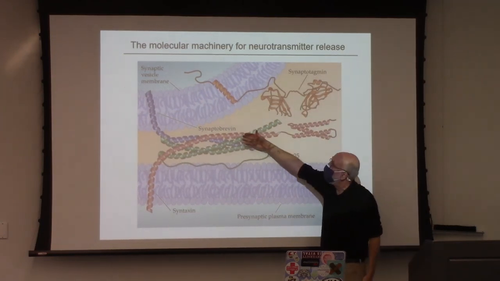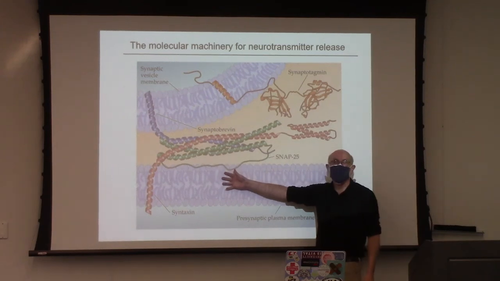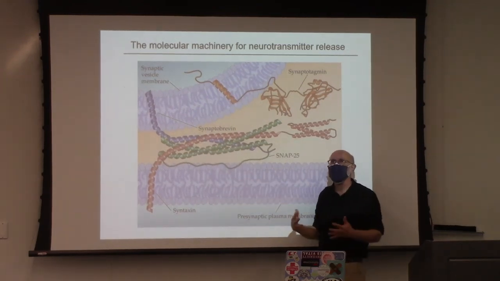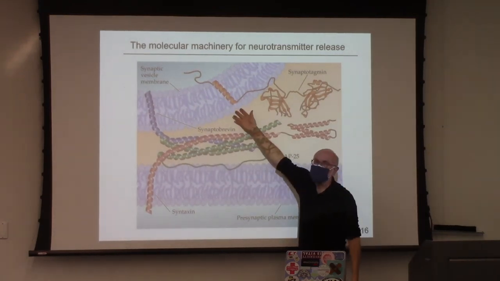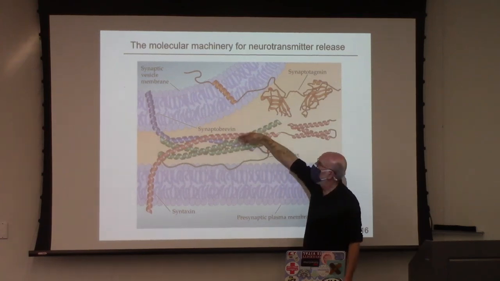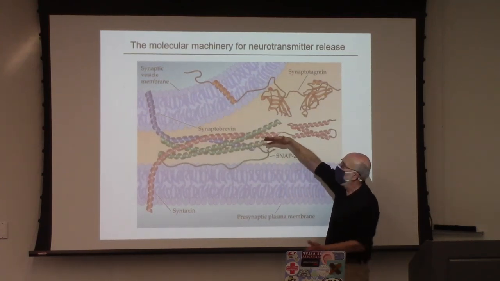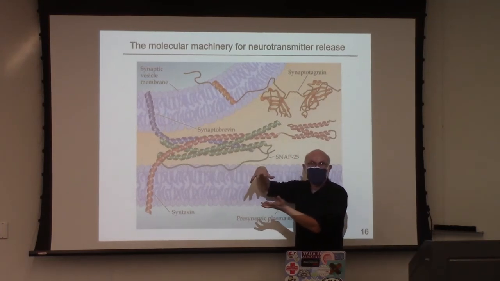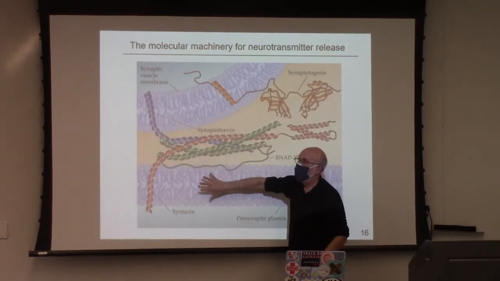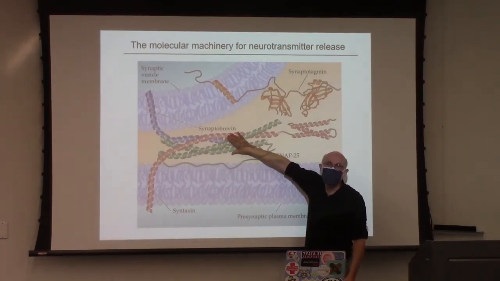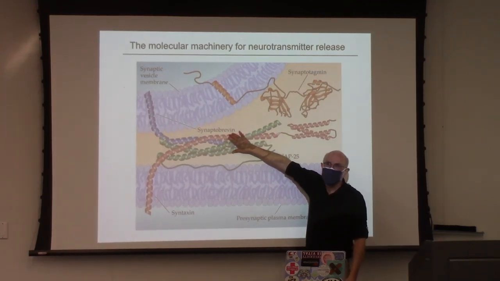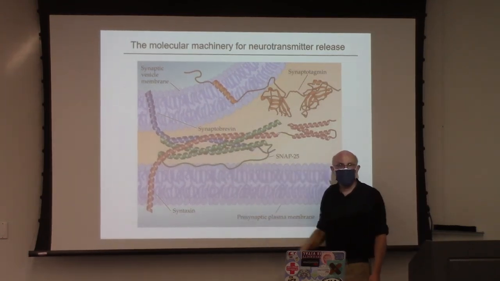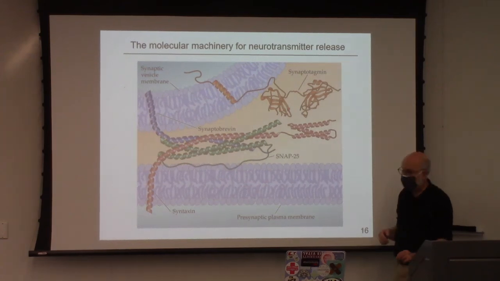The V snares and the T snares, T stands for target, for the target membrane into which this vesicle is going to fuse, form this coiled coil and dock this vesicle very, very close, like nanometers from the membrane that it's going to fuse to.